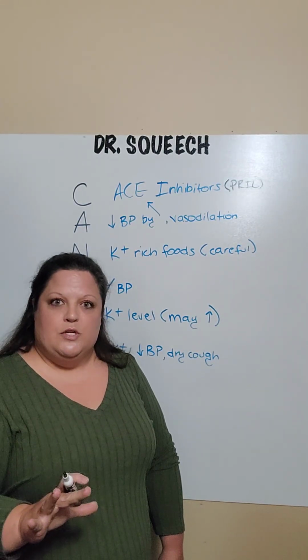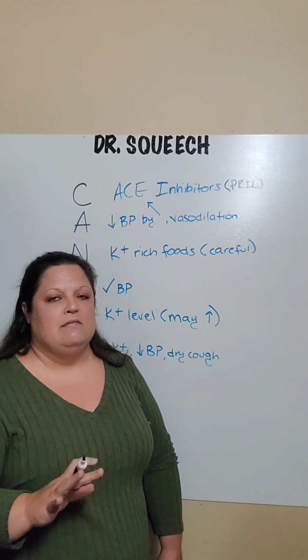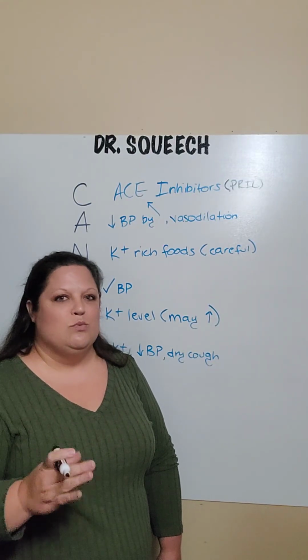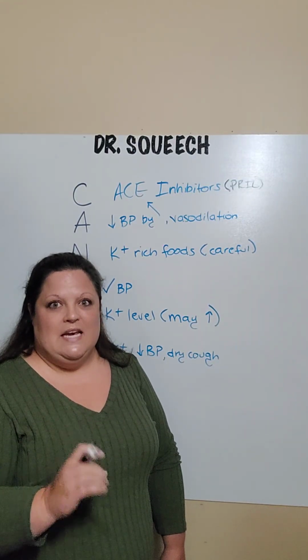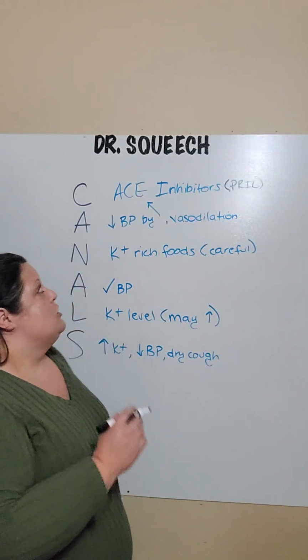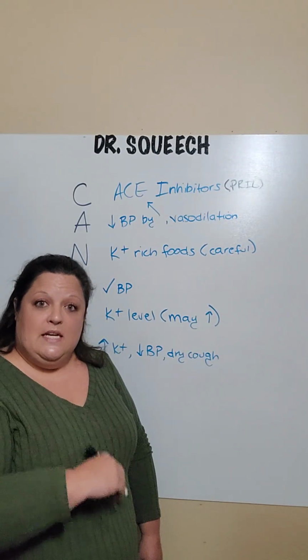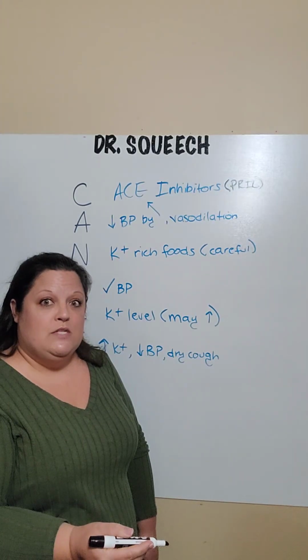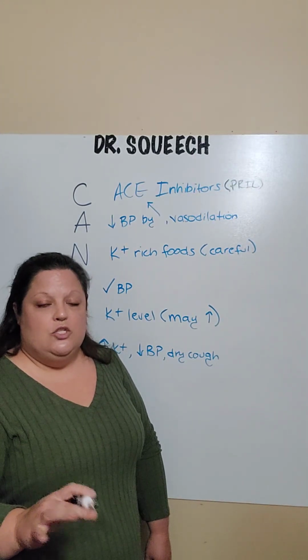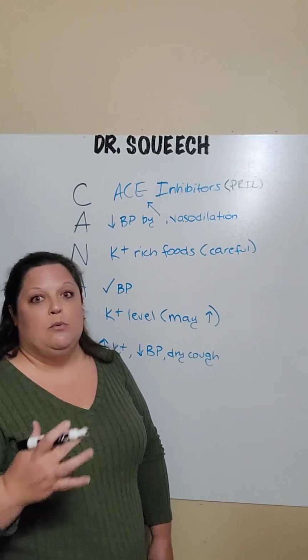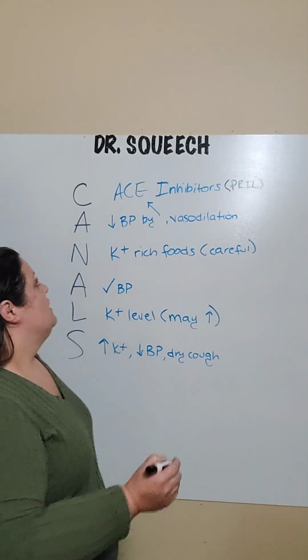And vasoconstriction with a hypertensive patient is the last thing that we need. Why? Because with vasoconstriction, the vessels get tighter and the pressure goes up. So what we do is we inhibit the enzyme that turns angiotensin 1 into angiotensin 2. No angiotensin 2, no vasoconstriction, and the pressure does not increase.